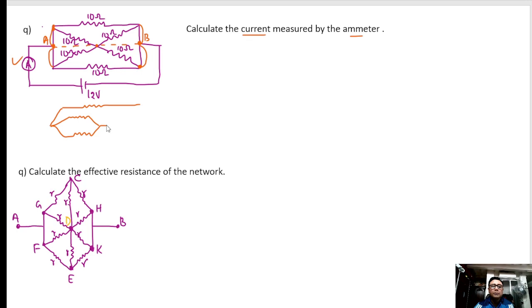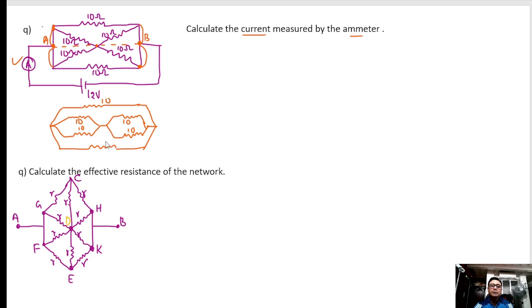The circuit will be looking like this. And here is the 10 ohms. It will look like this. So this is 10, 10, 10, 10.